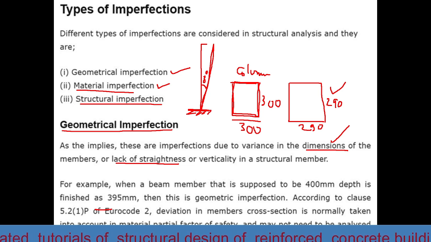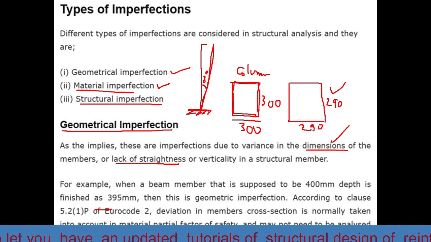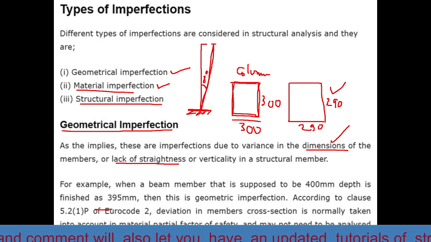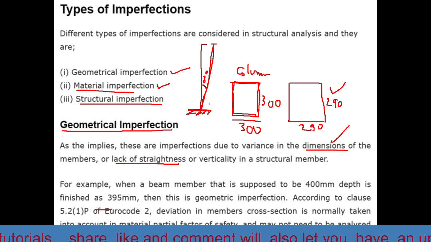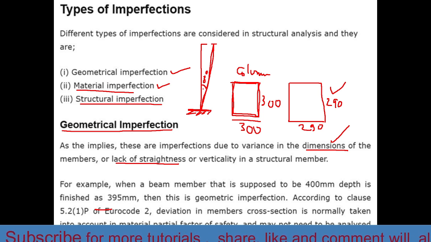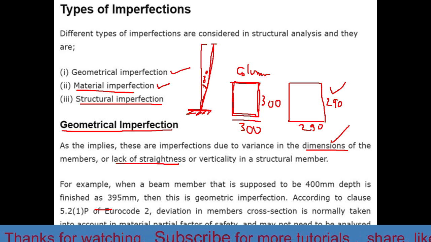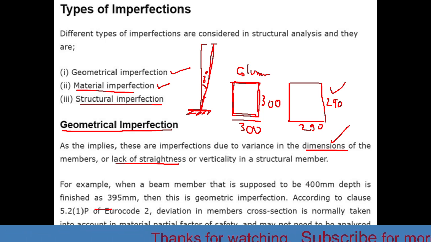So it may be tilted at some angle, due to the problem of the erection of the formwork or the workmanship problem. So this kind of imperfection can be regarded as geometrical imperfection.